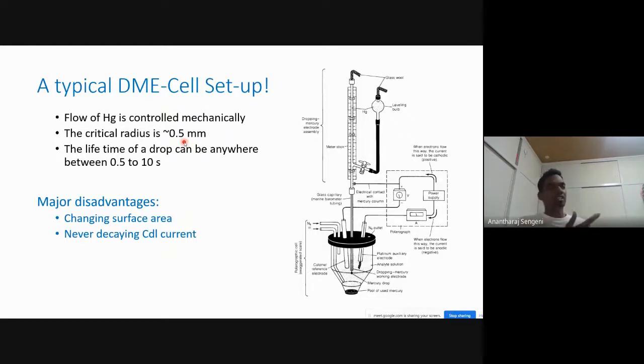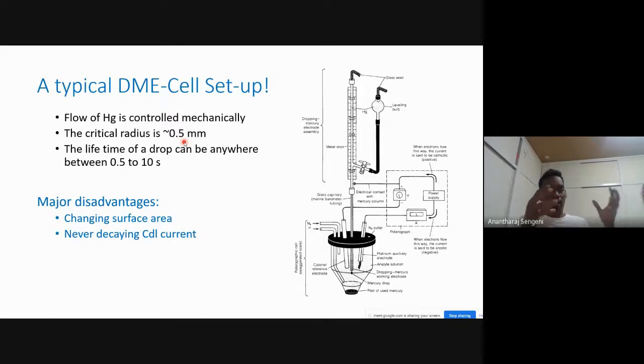In voltammetry, when you perform chronoamperometry with a planar, static electrode, you will see the capacitance current flowing for a few milliseconds to 1 or 2 seconds only. But later it will be completely diminished, and whatever we observe after that point of time will be from our reaction of interest. In this case, it is not so. Because of the growing mercury drop and the changing surface area, the double layer size is also increasing.